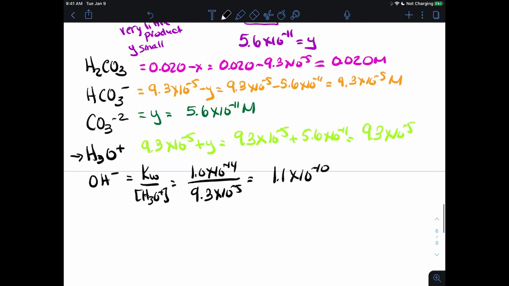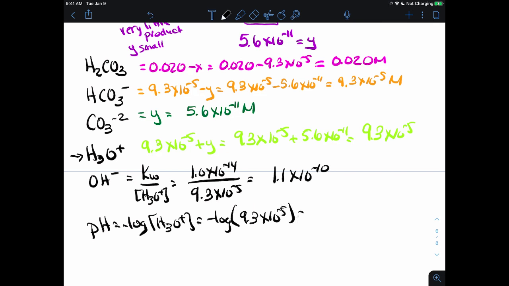And then finally, the last piece was to find the pH. Minus the log, how much H plus, 9.3 times 10 to the negative 5, and we get a value of 4. Again, hopefully it makes sense. It's a weak acid, so we should be below that threshold of 7, and we are, and there we go.